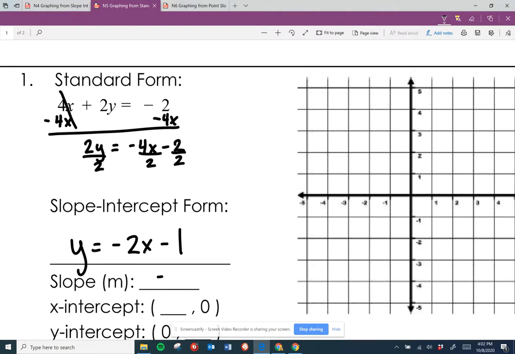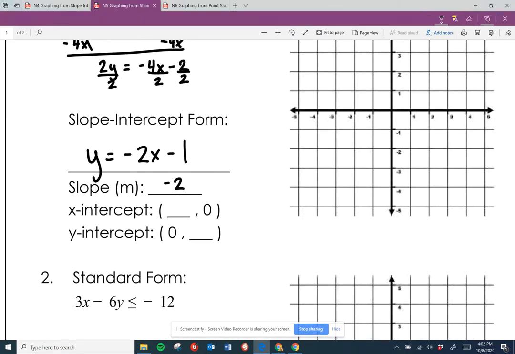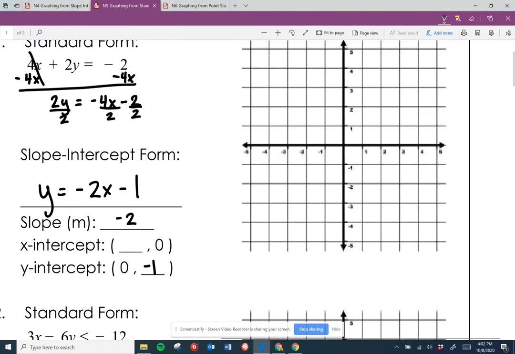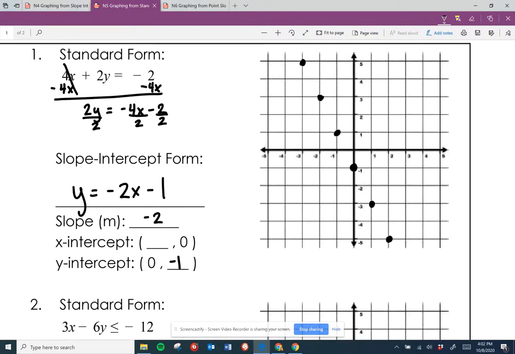So that means my slope is going to be -2, and my y-intercept I can go ahead and fill in, which is -1, so (0, -1). That's what I'm going to put on the graph first, (0, -1), and then with my slope of -2, I'm going to go down 2 to the right one, down 2 to the right one, up 2 to the left, etc. This is an equal sign, so I can connect all my dots, and I have no shading.